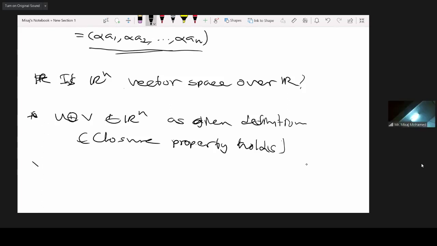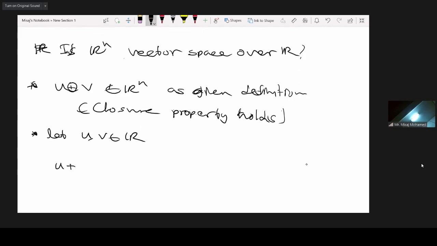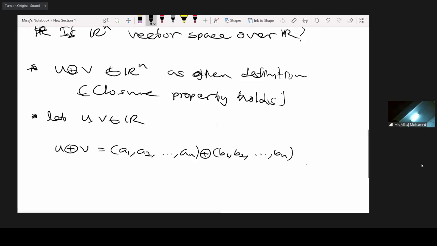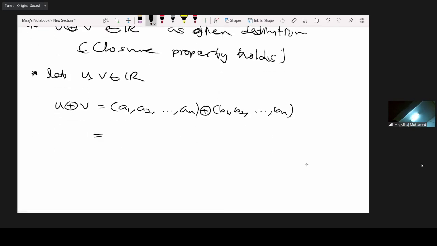Commutative law. Right. Let u, v be from Rn and consider u plus v. Then (a1, a2 up to an) plus (b1, b2 up to bn) equals (a1 plus b1, a2 plus b2, up to an plus bn). How do we convert this into commutativeness?